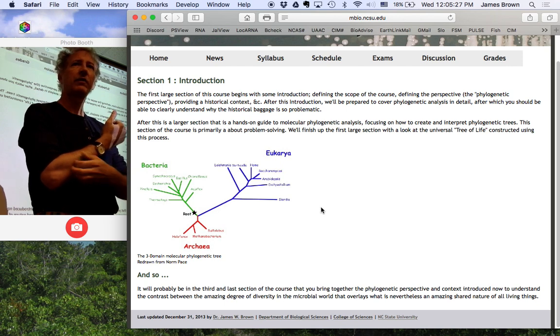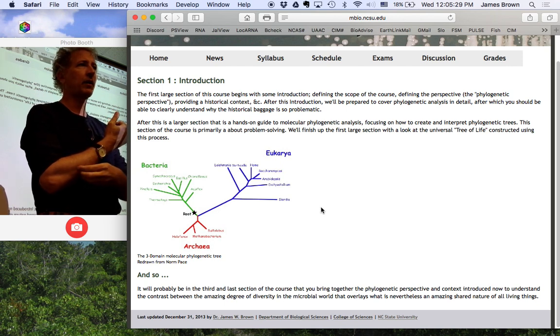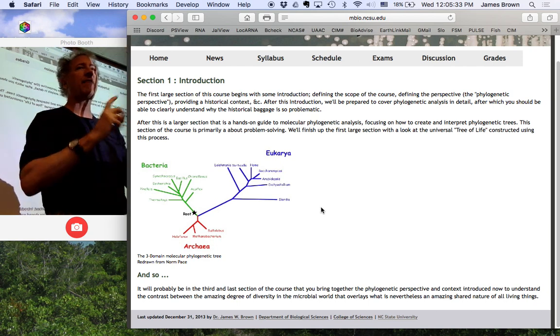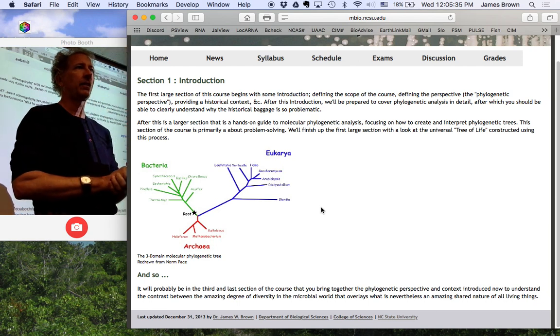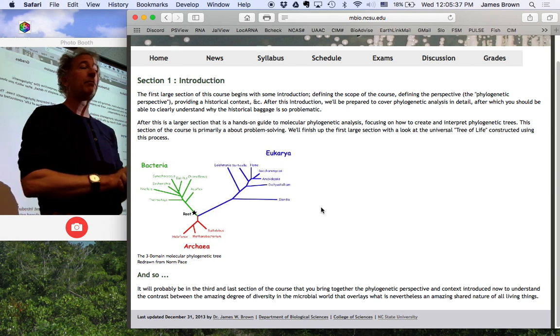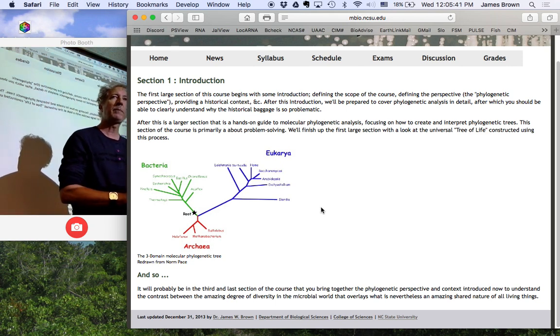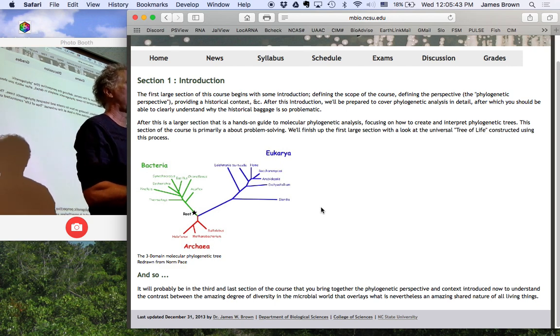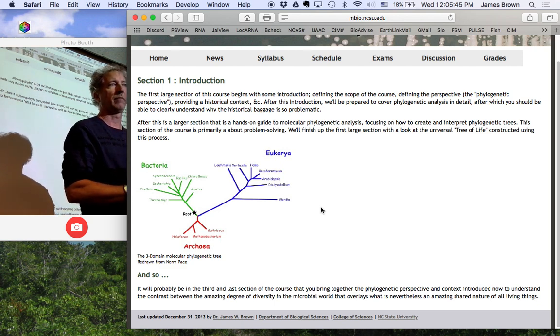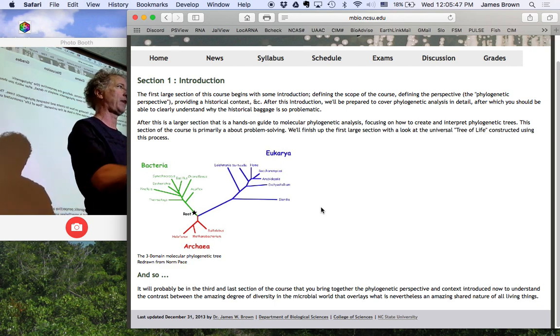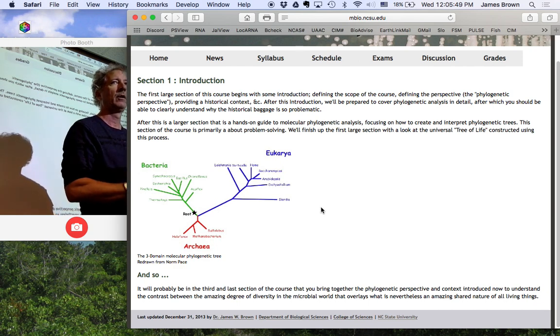This is really very different than most microbiologists. When you think about microbes, how do you divide them into groups? Some people divide them based on stains, gram-positive, gram-negative. Some people divide them based on what they do for a living, phototrophs versus heterotrophs, anaerobes versus aerobes.